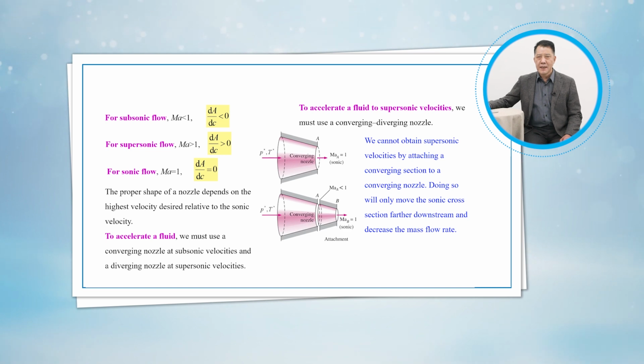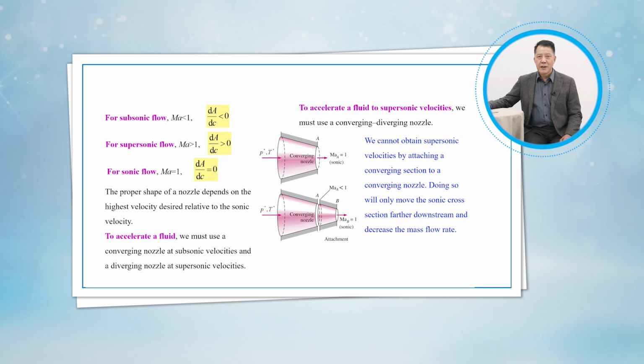If we extend the converging nozzle by further decreasing the flow area in hopes of accelerating the fluid to supersonic velocities, as shown in the figure, we are up for disappointment.